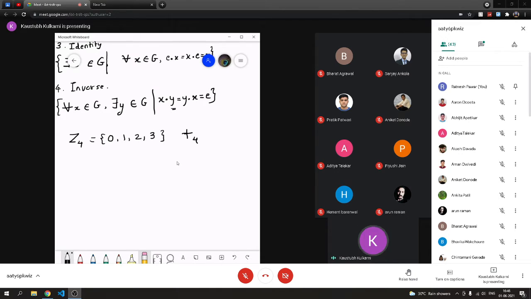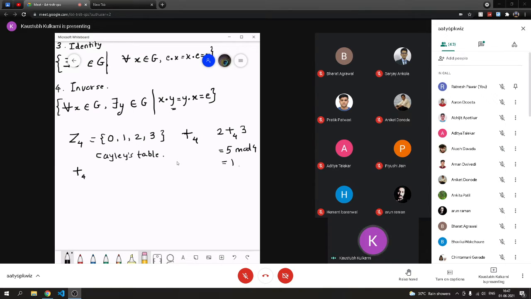Plus 4 means addition modulo 4, which means that because this is Z4, 2 plus 4 3 will be equal to 5 mod 4, which is equal to 1. This is what is meant by plus 4. Okay, so we build a table, and this table is called Cayley's table.